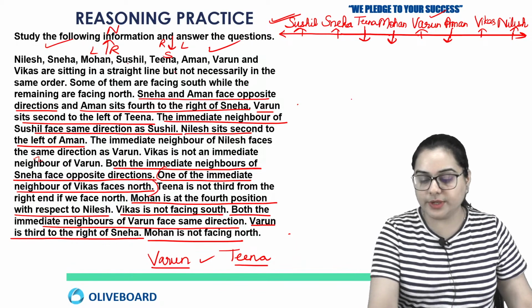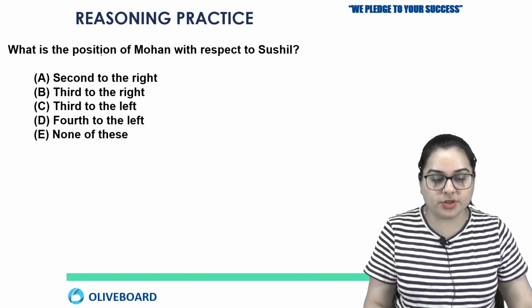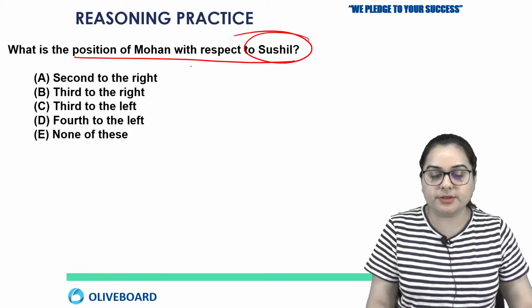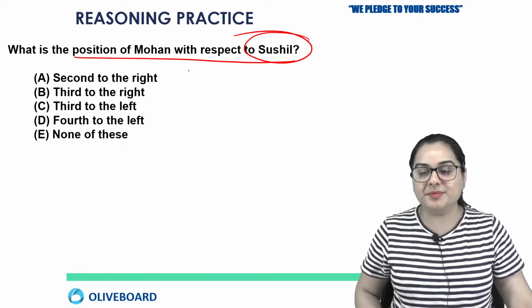Okay, so now we are going to solve the questions based on the solution. What is the position of Mohan with respect to Sushil? So start answering me in the comment section.